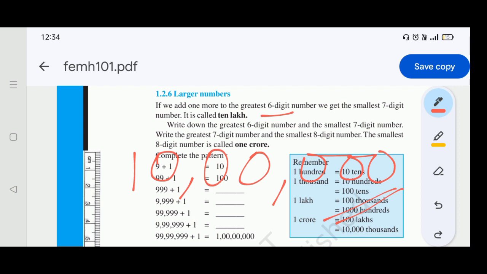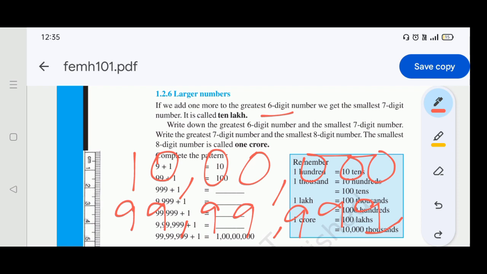Now we have to write the greatest 7-digit number and smallest 8-digit number. So the greatest 7-digit number would be, this is smallest 7-digit number. So similarly we can write 99 lakh 99,999. This is the greatest 7-digit number.